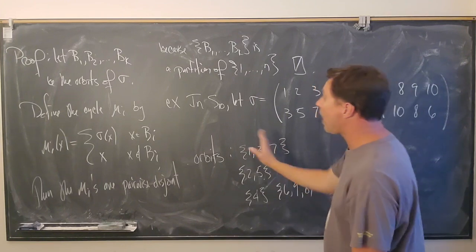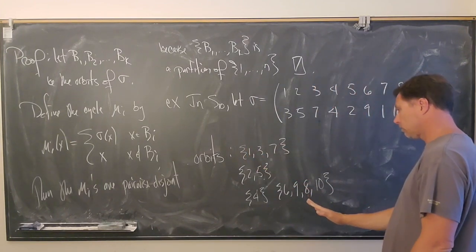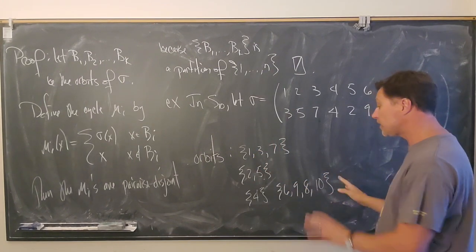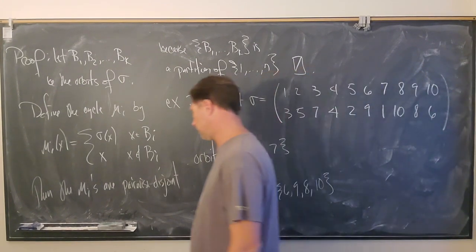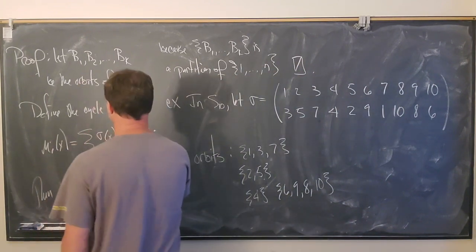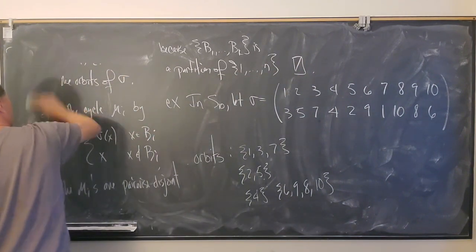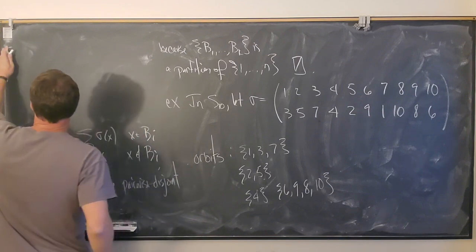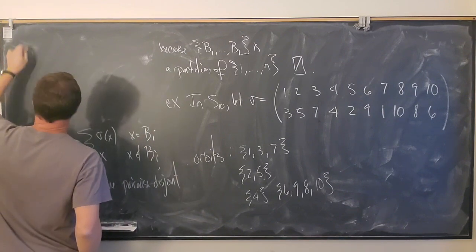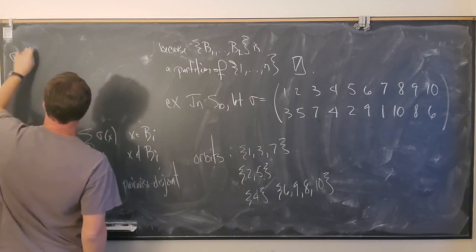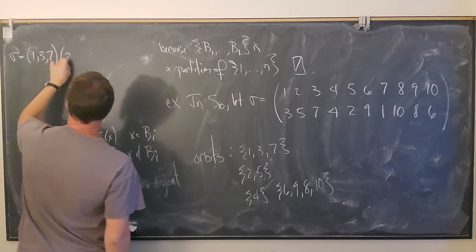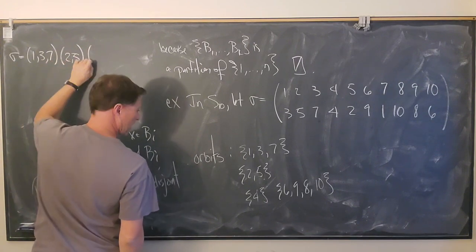Okay, so I've written the orbits down. And if we just follow the order that I've written these down, this tells us exactly who the cycles are going to be. So, sigma is now equal to 1, 3, 7 times 2, 5 times.